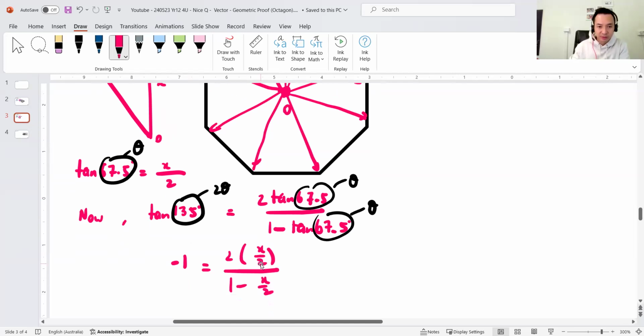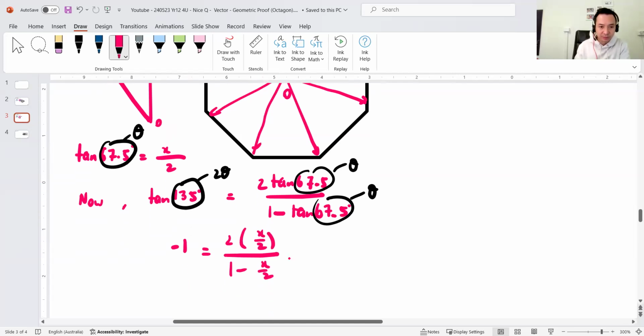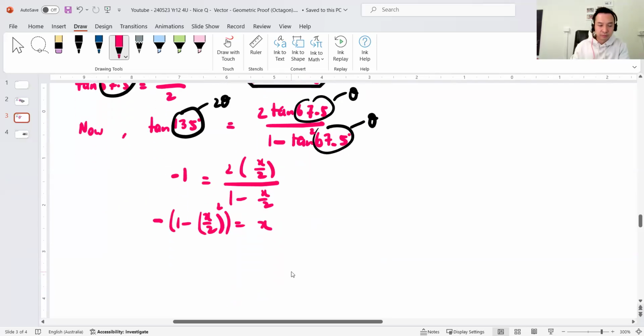I just want to make x the subject. So I'm going to times this up, so it becomes -1 minus x on 2 equals to, oh, sorry, it's squared, isn't it? Yeah, squared, sorry. So 1 minus this guy squared equals x. Maybe I'll throw the negative on the other side and expand 1 minus x squared.